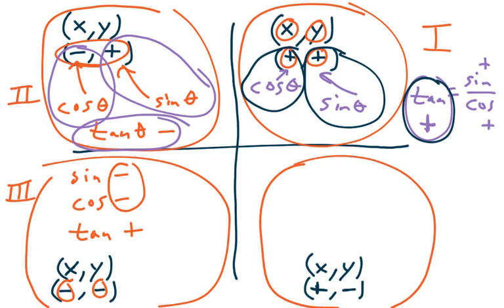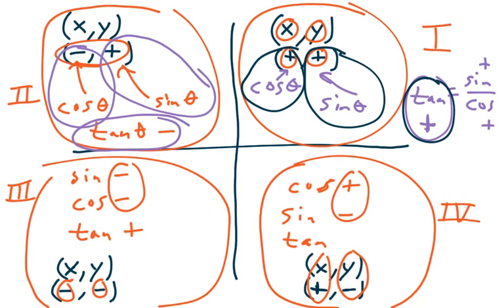Finally, in quadrant 4, since x is positive, we know cosine is going to be positive. Since the y value is going to be negative, sine is negative, because sine and cosine are opposite signs. I'm going to have a negative divided by positive, so therefore tangent is negative.